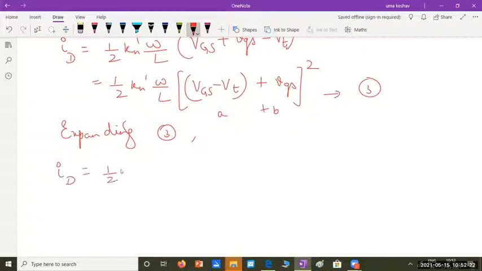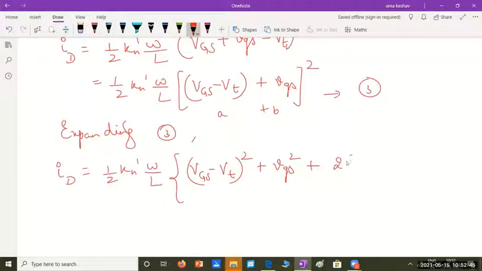What do you get? iD is half Kn dash W by L. This becomes A square, VGS minus VT the whole square, plus B square, right? A square plus B square, I'm considering this DC as A and this AC as B, plus twice A into B, VGS minus VT into small vgs.